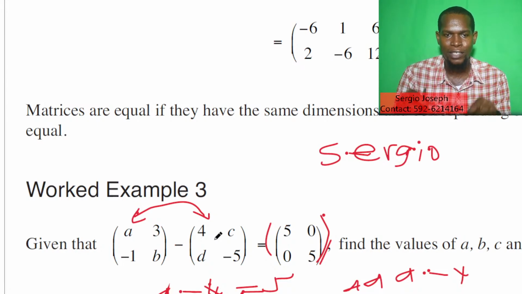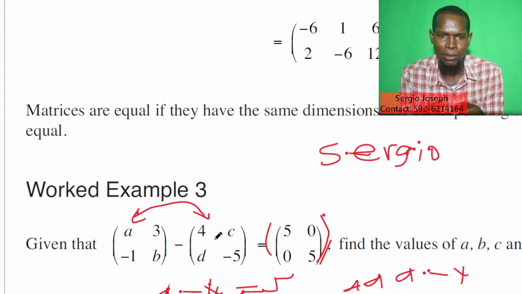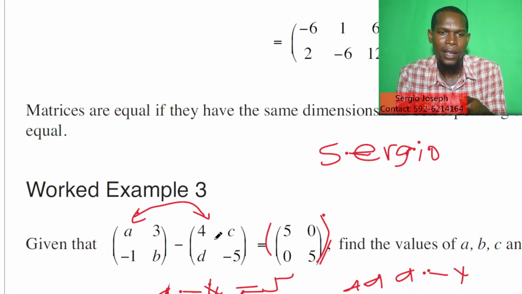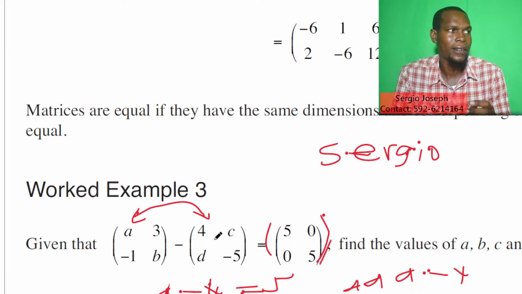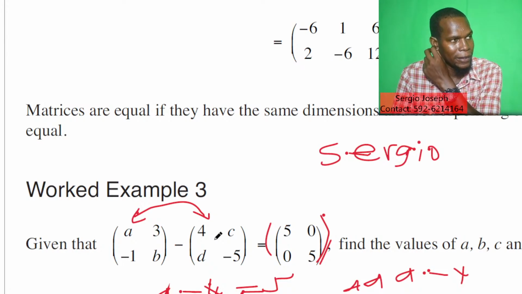So A and 4 have to subtract in the example on screen right now. 3 and C have to subtract. -1 and D have to subtract. And B and -5 have to subtract. So they're asking to find the value of A, B, C, and D.